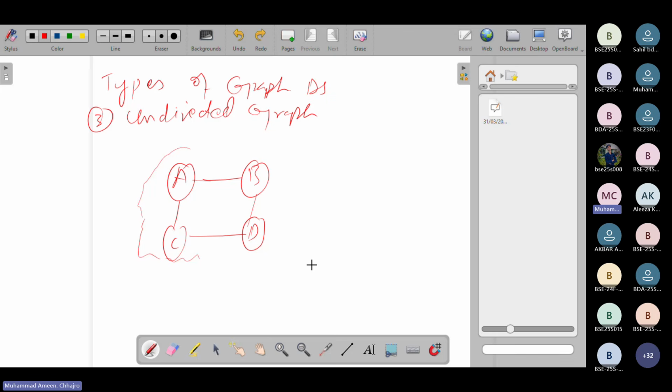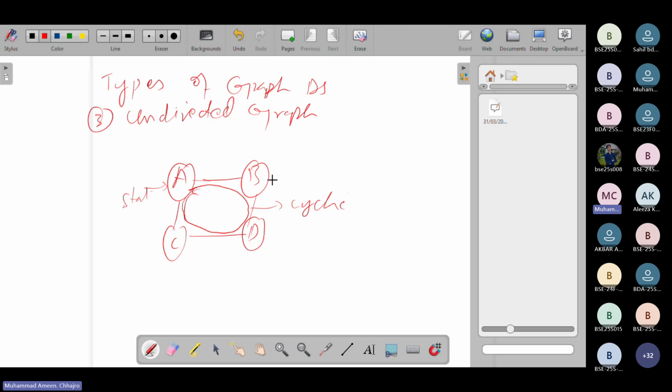It means that if we travel from node A, then node B, then node C, then node B, and then again we started from node A and reached the same point, this path is making a circle. So that is called cyclic. Cyclic means there should be at least one cycle.